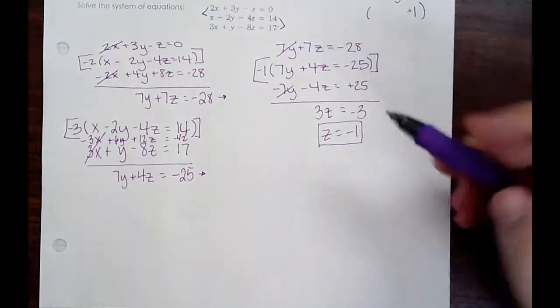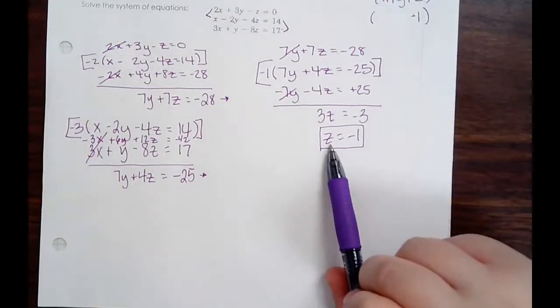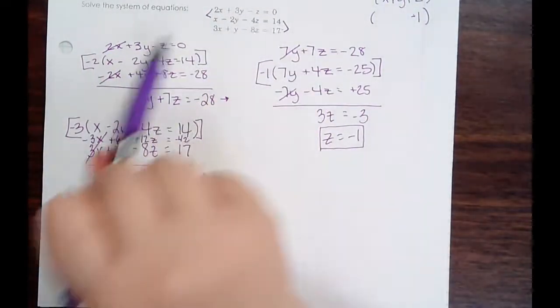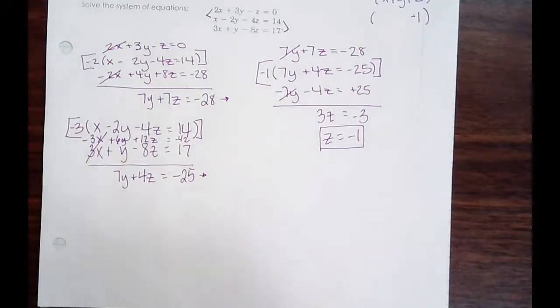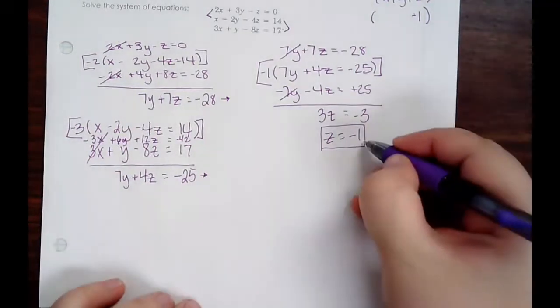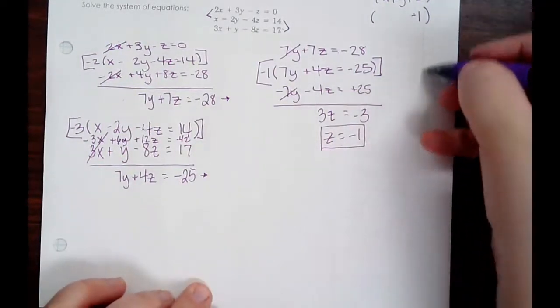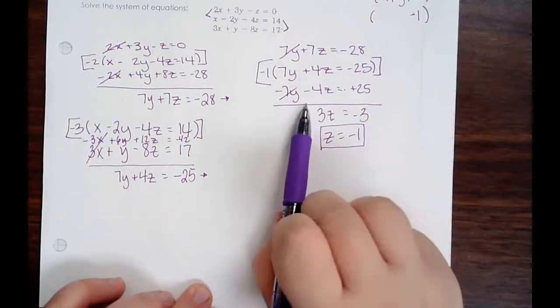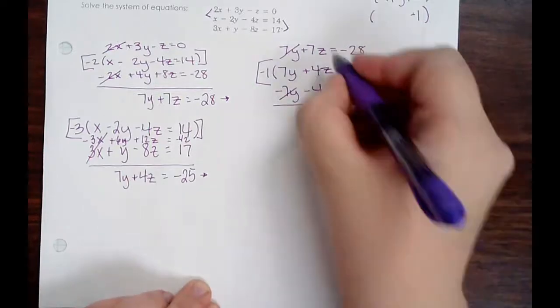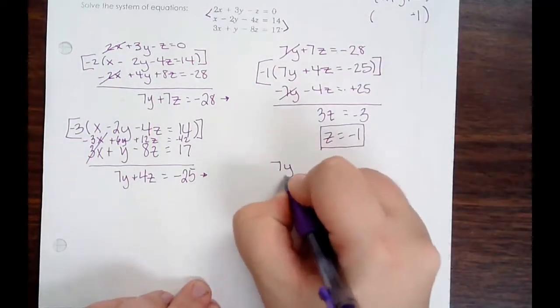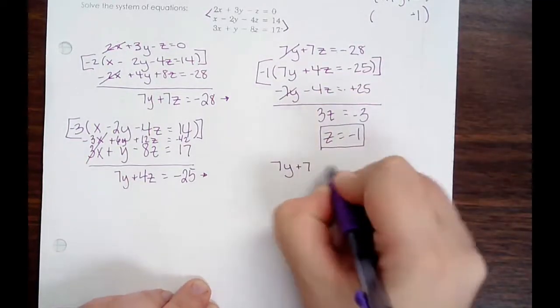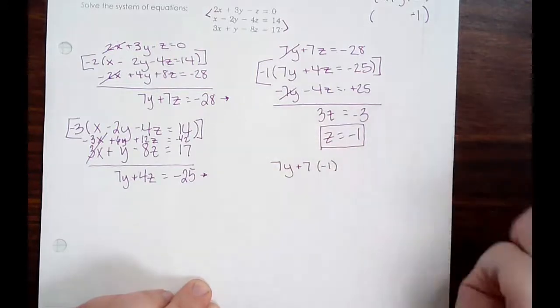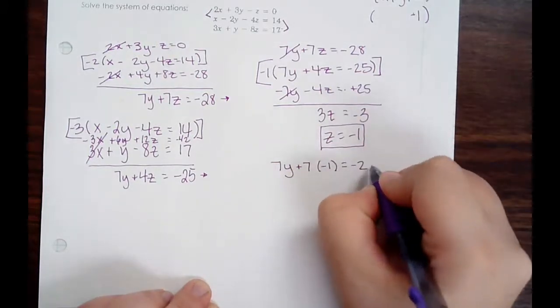The cool thing is, once we get one of our variables, we do not have to go through all of this process again. All we have to do is take this and plug it back into one of our two variable equations that we had up here and solve for our other variable. So let's plug this into our top one. We plug it in, we get 7y plus -7 equals -28.